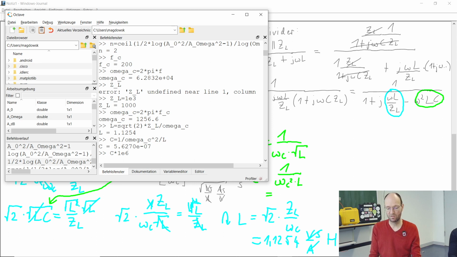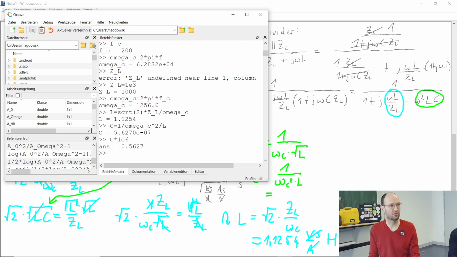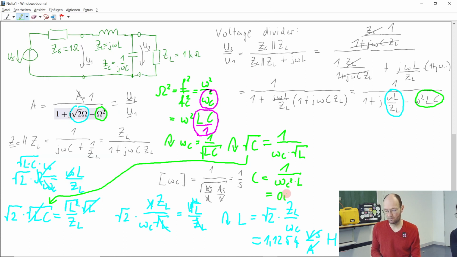So I will multiply by 10 to the power of 6. Then we get microfarad, hopefully. So 0.5627 micro.